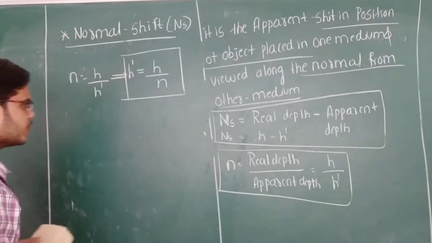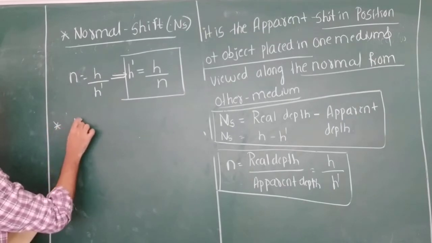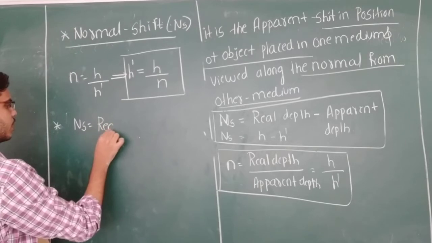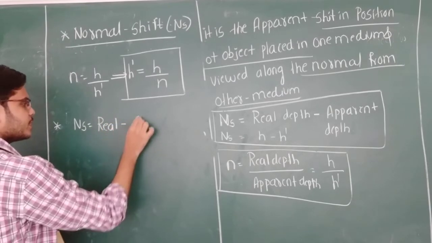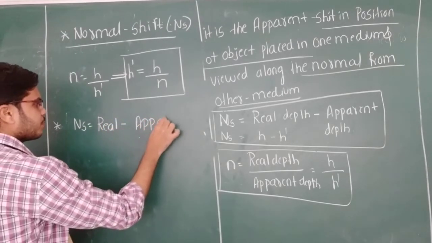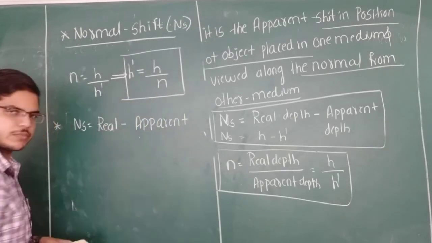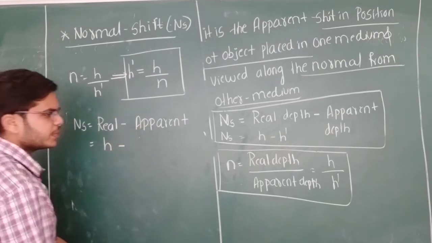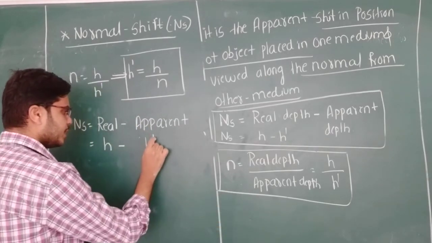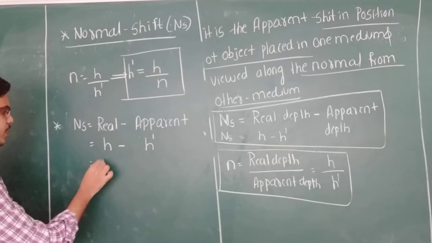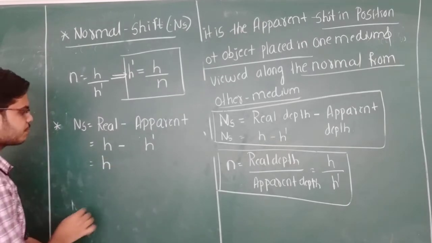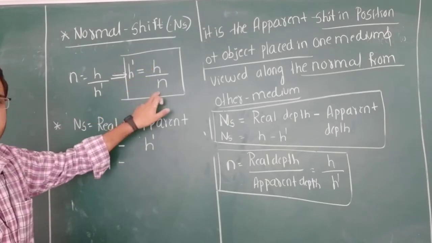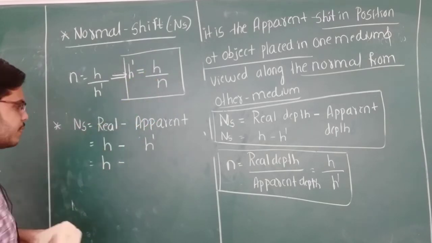Therefore, in this formula, the normal shift is equal to real depth minus apparent depth. Now, what is real depth? H is the real depth. What is apparent depth? H dash is the apparent depth. That is equal to H minus H dash. What is H dash? H dash can be written as H by N, real depth divided by refractive index.